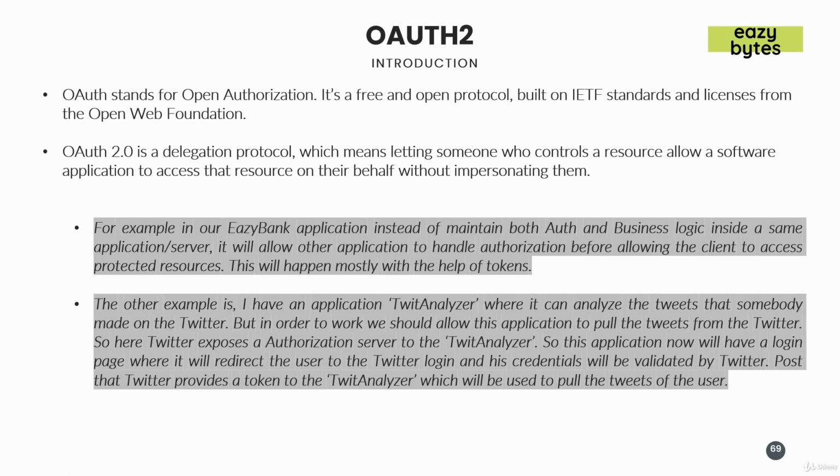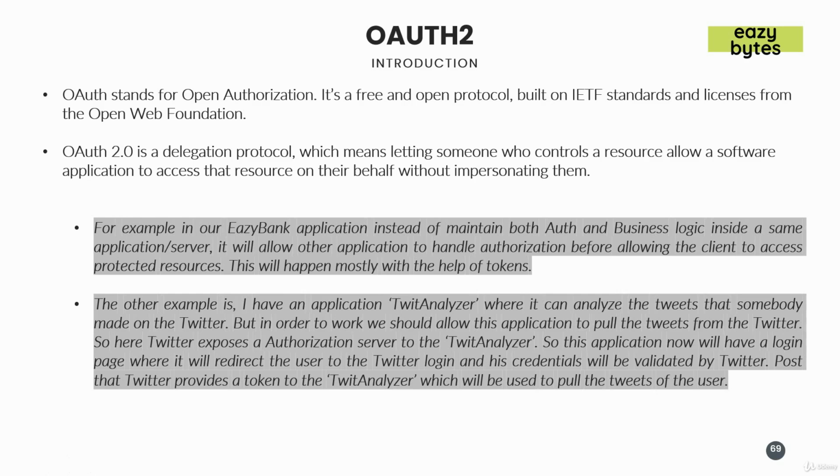Let's understand in simple terms by taking 2 examples. One is the Easy Bank application, where we have 3 different applications for loans, cards and accounts. Instead of maintaining the authentication and authorization logic in all these 3 applications, I can have a single authorization server which handles validating the user credentials and issuing the tokens.